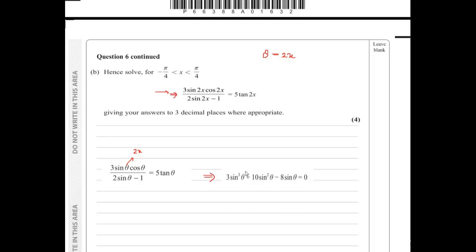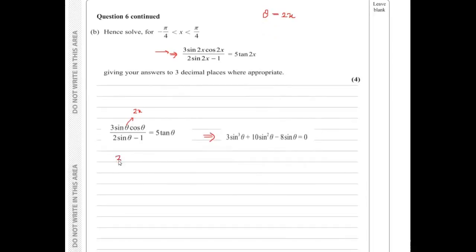So what we are going to do over here is write it as 3 sine cube, and in place of theta, we are going to replace 2x: 3 sine cube 2x plus 10 sine square 2x minus 8 sine 2x equals 0. Now we can take sine 2x out as common when factorizing, since it is present in all the terms.